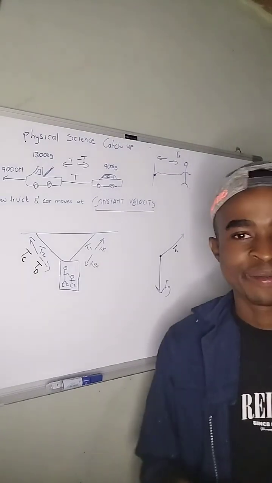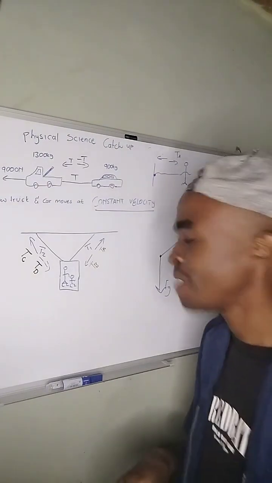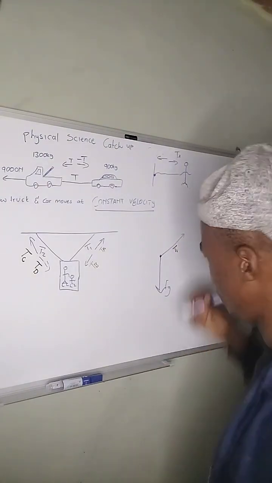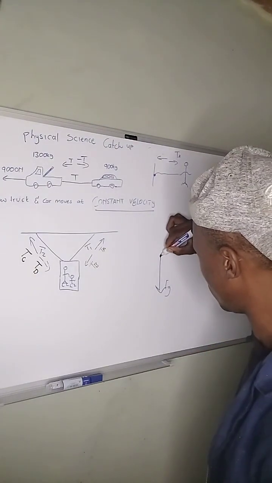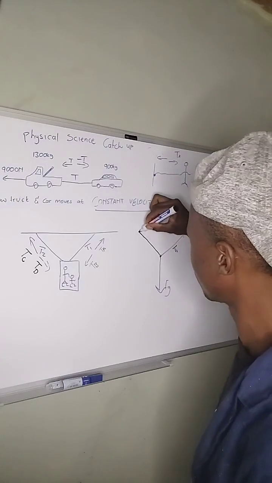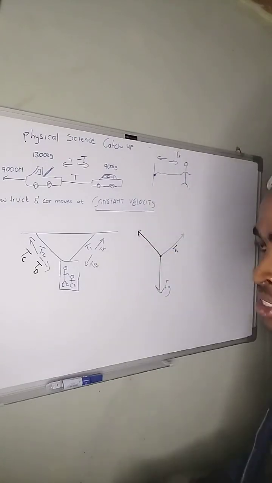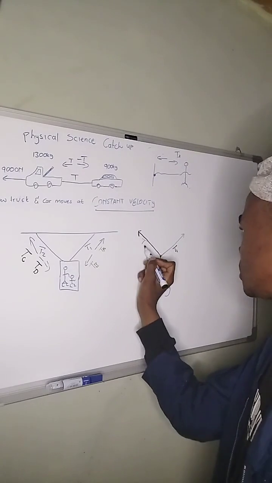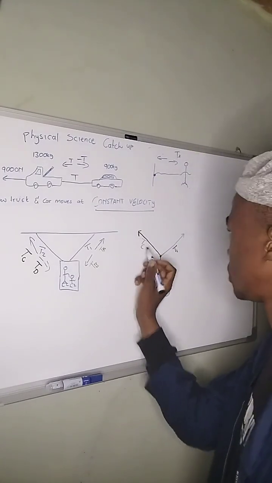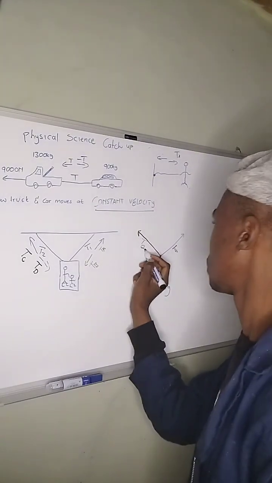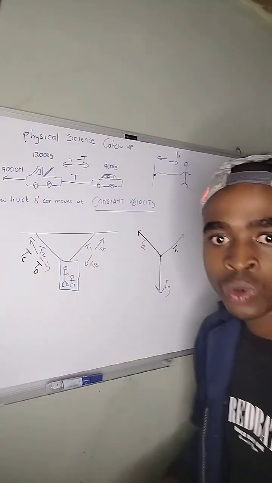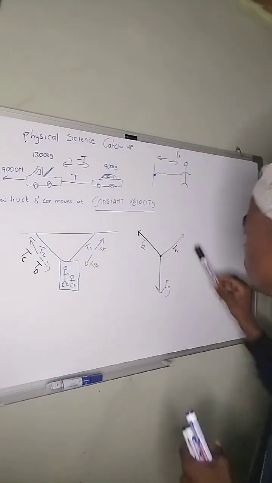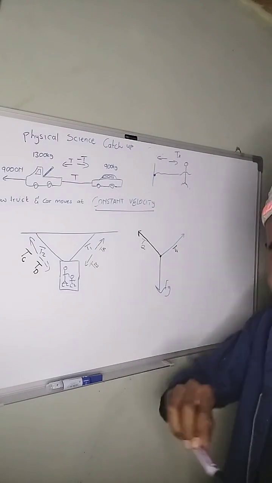I believe when I explain, I'm going to be clear. This is the TC. Let me just say T2. So this is a complete free body diagram for this system.